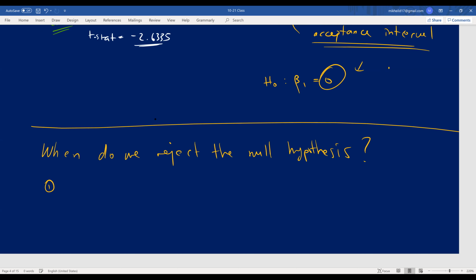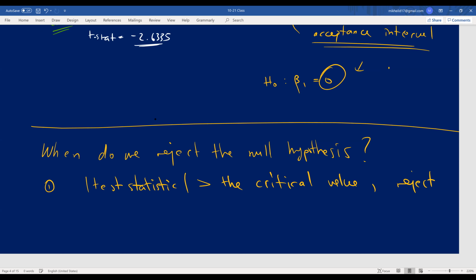What is the first method? When the absolute value of the test statistic is greater than what? The critical value, right? You reject H null.